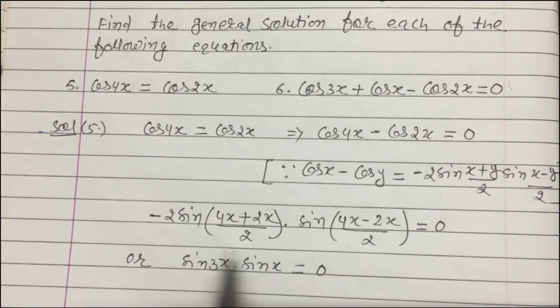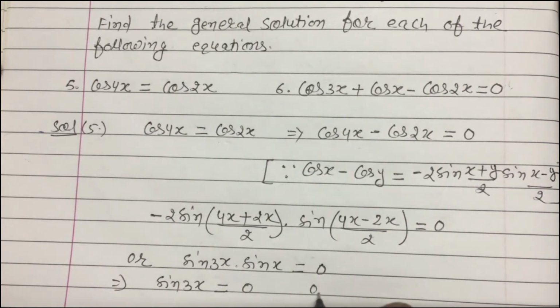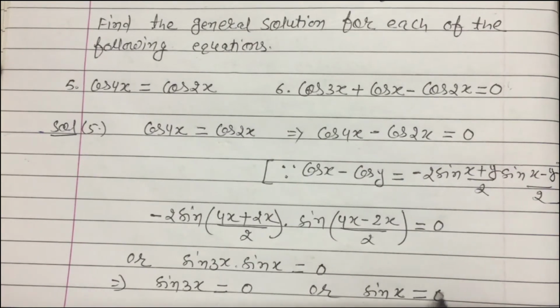Now students, there are two factors. Okay, one is sin 3x and another is sin x. So now equate sin 3x is equal to 0 or sin x is equal to 0.